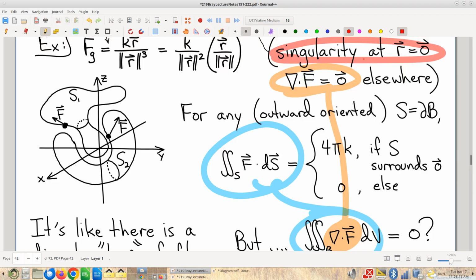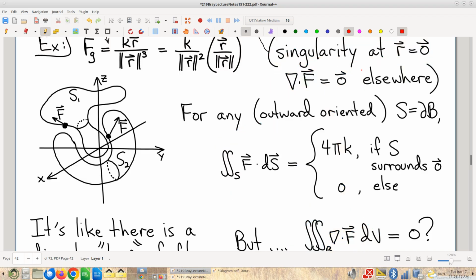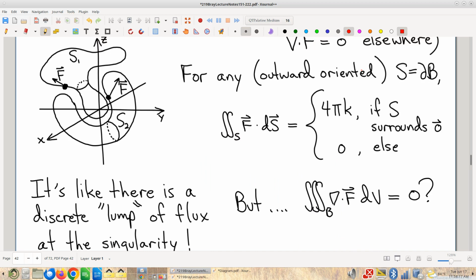Now, in this case, there is a kind of a takeaway. I've been pushing this idea that flux is distributed over volume, as if it's distributed in a uniform, per unit volume kind of way.